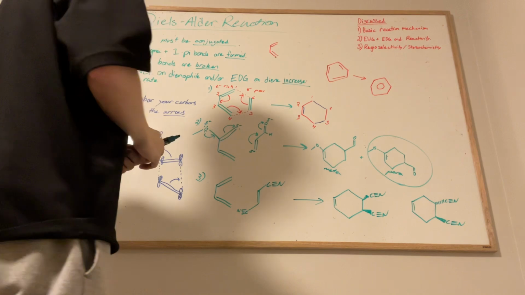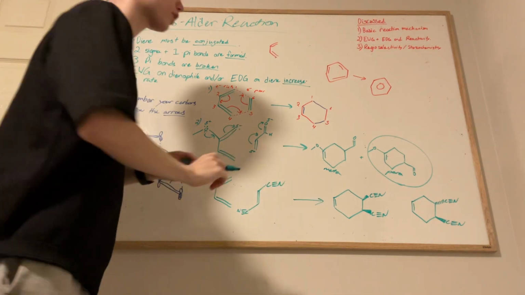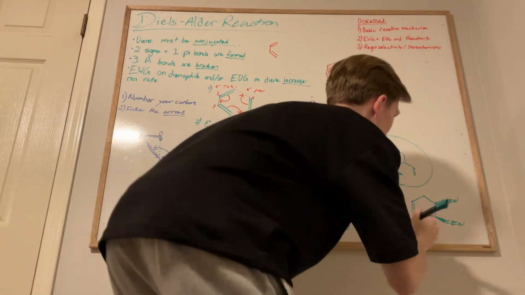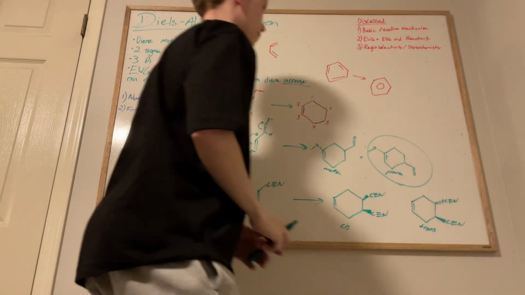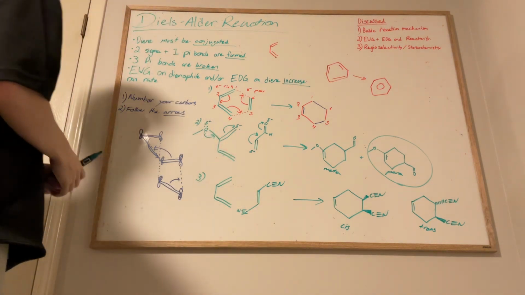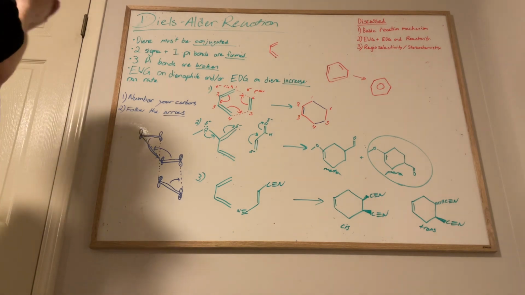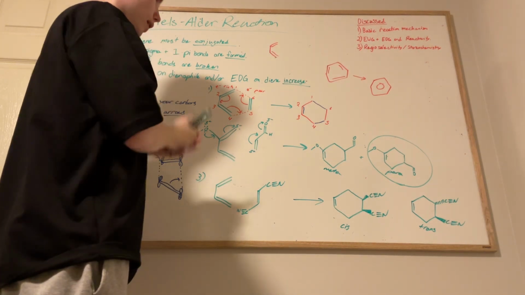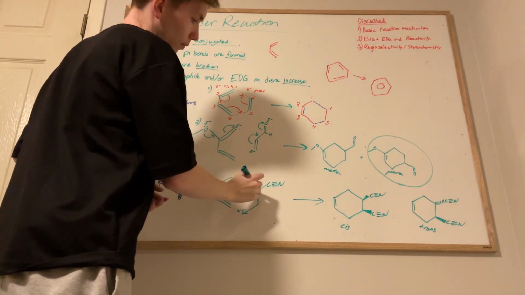On the one hand, we've got a cis molecule, right? Both of these substituents are pointing on the same side, and then we've got a trans molecule. Well, what are we going to get here? This is where it's important to look at the conformation of our dienophile. Okay? We've got a trans conformation here, right?